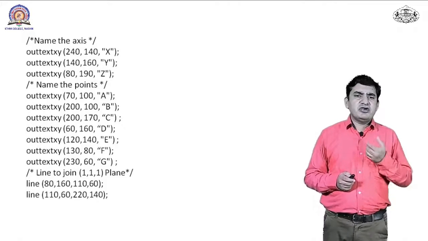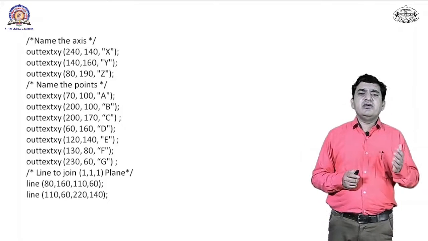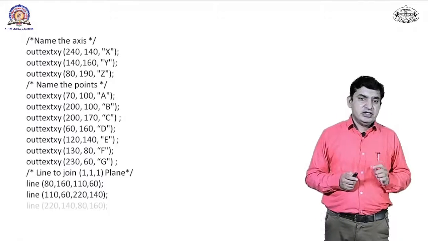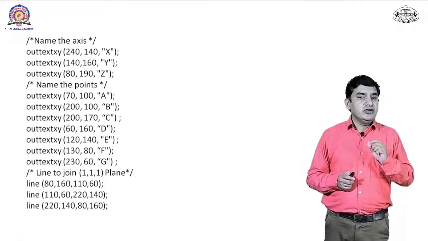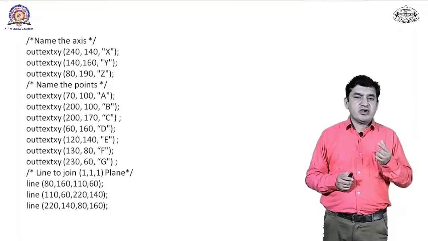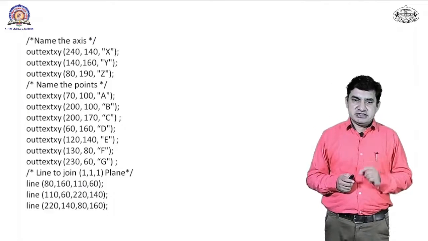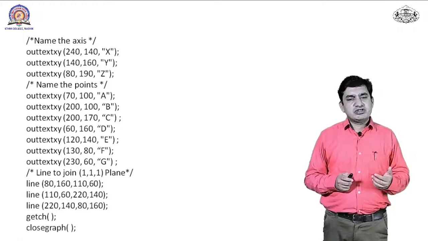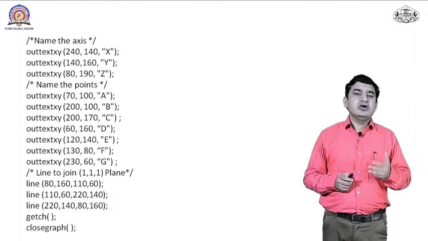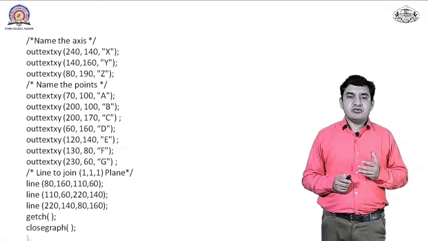Second line having coordinates 110, 60 and 220, 140. Third line having coordinates 220, 140, that is the coordinate of the starting point, and end point having coordinate 80, 160. Then getch, closegraph, which is used to convert graphics mode into text mode.